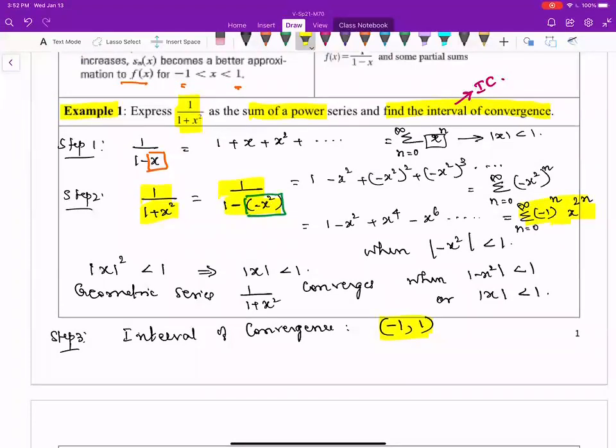As long as the series is comparable to a geometric series, or it got derived from a geometric series, you know very well that only when the absolute value of the common ratio is less than 1 will it be convergent. Whenever it is equal to 1 or more than 1, it's going to be divergent. So we are not required to verify the endpoints in this particular case.